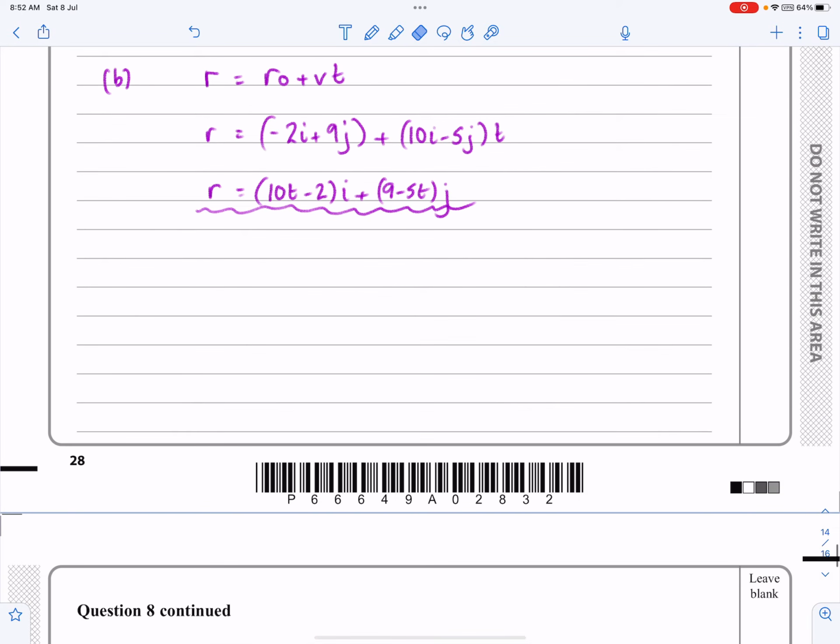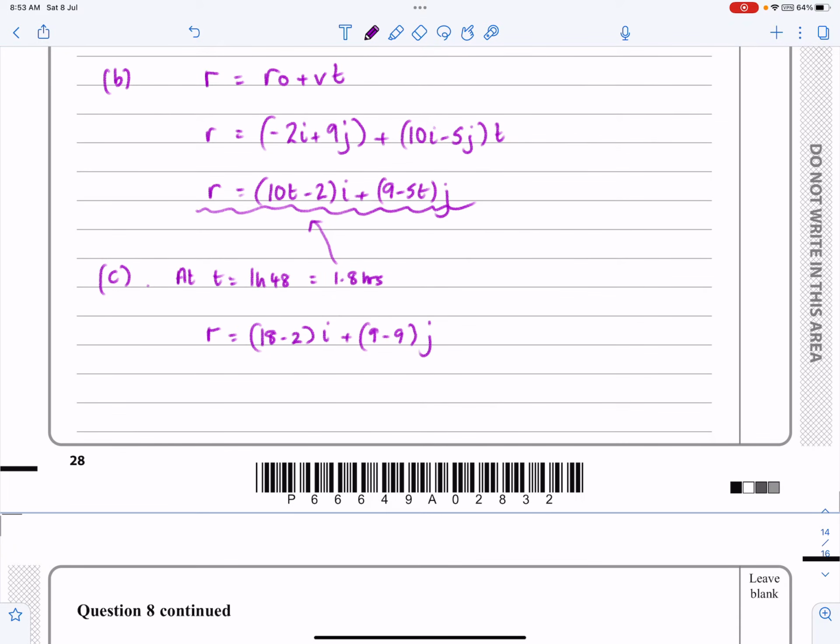So again, a lot of chat there. Let's actually just find out where we are and make it clear to the examiner. So at t equals 1 hour 48, which equals 1.8 hours, r is going to be equal to, so sticking 1.8 into that is going to give me 18 minus 2i, 9 minus 9j.